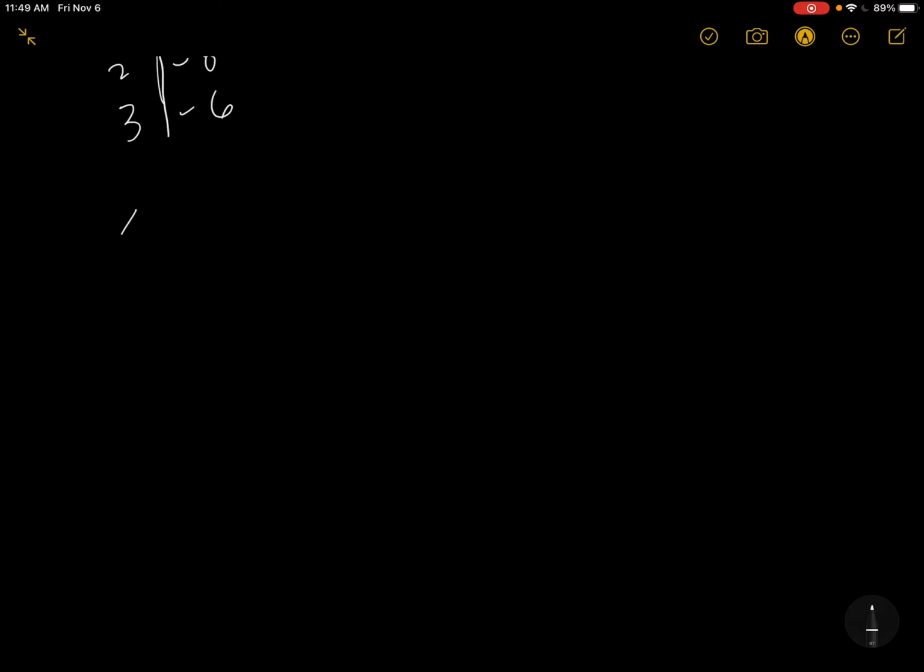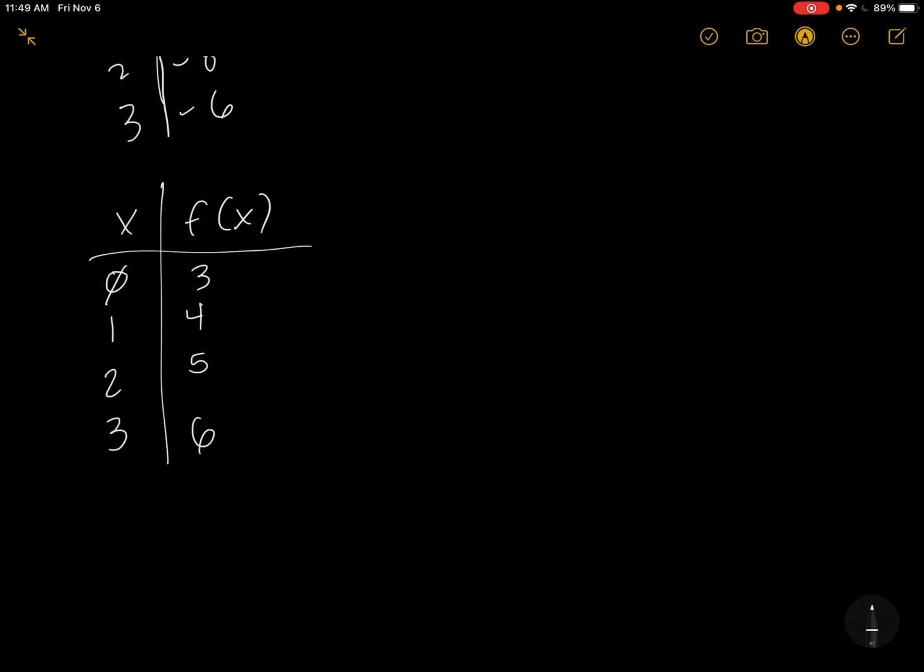Right, so let's just do one where we're actually given all the values in the table, and let's see if we can spot the pattern. Right, so then x increases by 1.